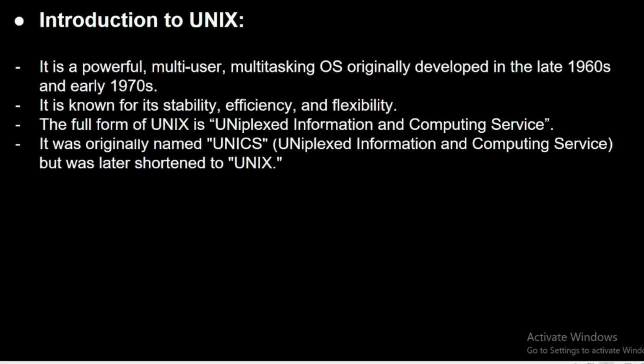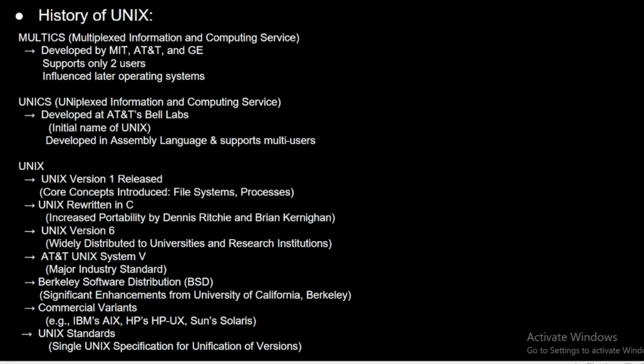Now let us give a brief understanding of the history of Unix. At first, Multics was developed. It was developed by MIT, which supports only two users. After that, Unix came into picture. It was developed at AT&T Bell Labs.